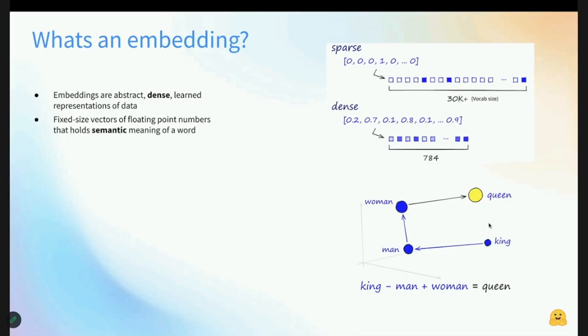The classic example is if you take the vector for king, subtract the vector for man, and add the vector for woman, you will end up in vector space very close to the learned vector for queen. This ability to do vector math and to have relationships that retain computable semantic meaning is a really important idea and is the basis for semantic search.